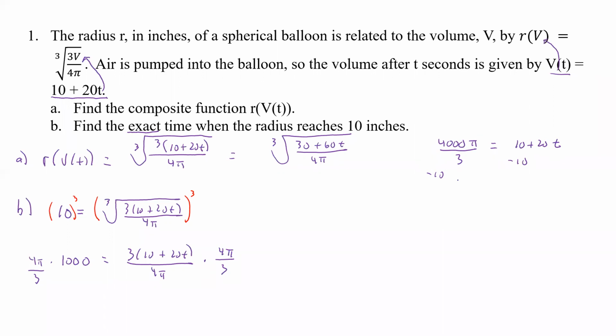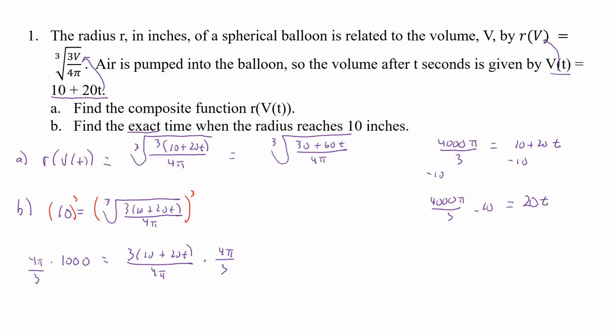It kind of depends on your mood. But anyway, that's going to be 4,000 pi over 3 minus 10 equals 20t. And again, I could combine that and say 4,000 pi minus 30 over 3, or I can leave it as the two fractions. It really doesn't matter.